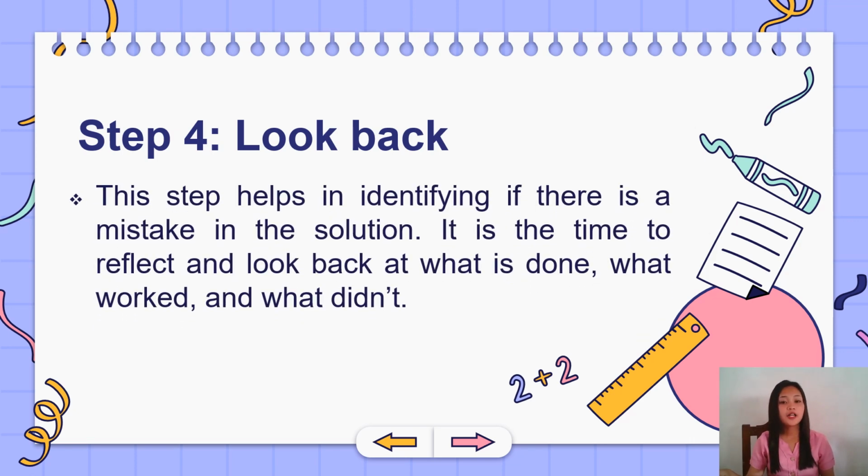This step helps us in identifying if there is a mistake in the solution. It is the time to reflect and look back at what is done, what worked, and what didn't. This will help us check our answer.